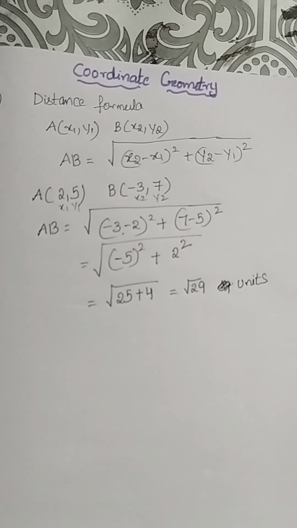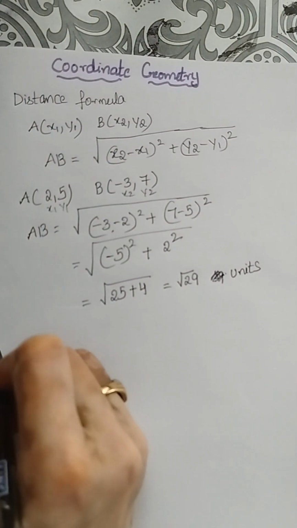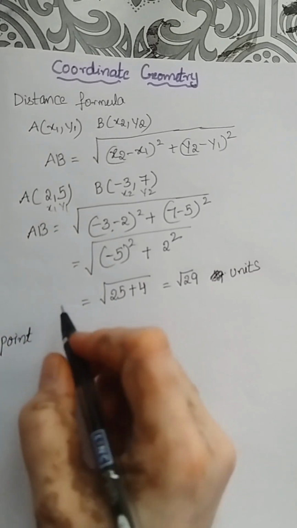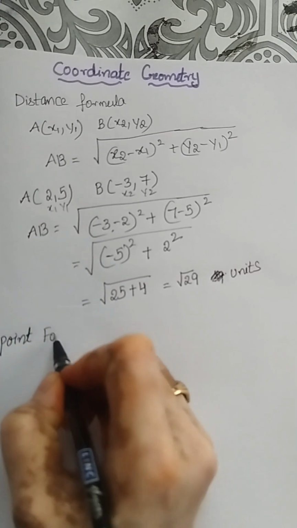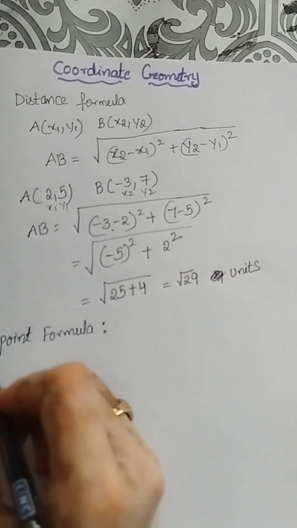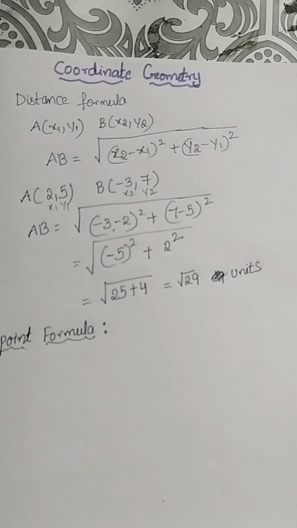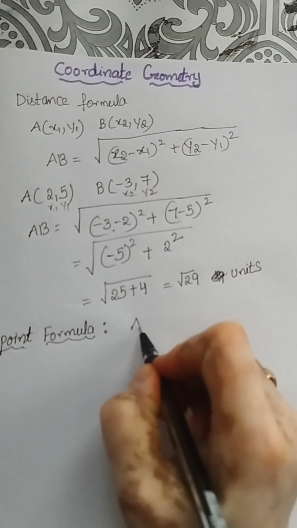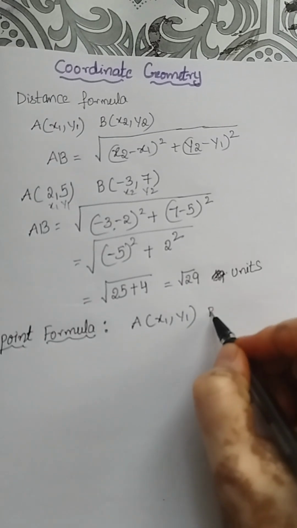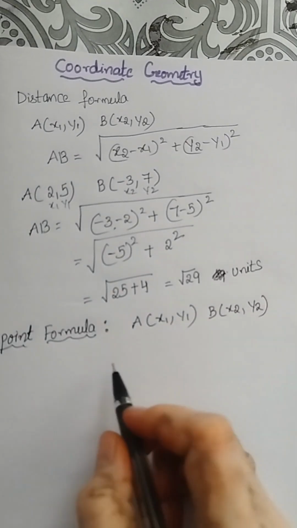Okay, so next formula is the midpoint formula. The formula between two points A (x1, y1) and B (x2, y2).